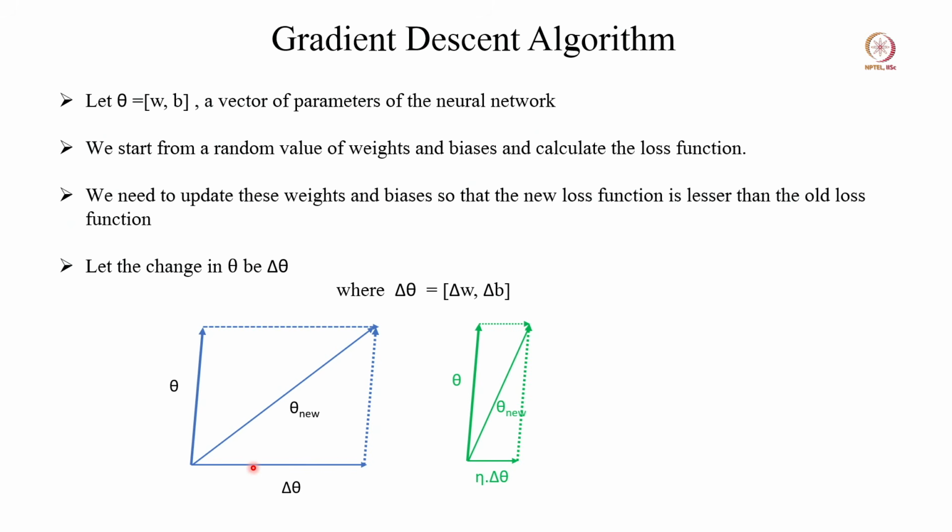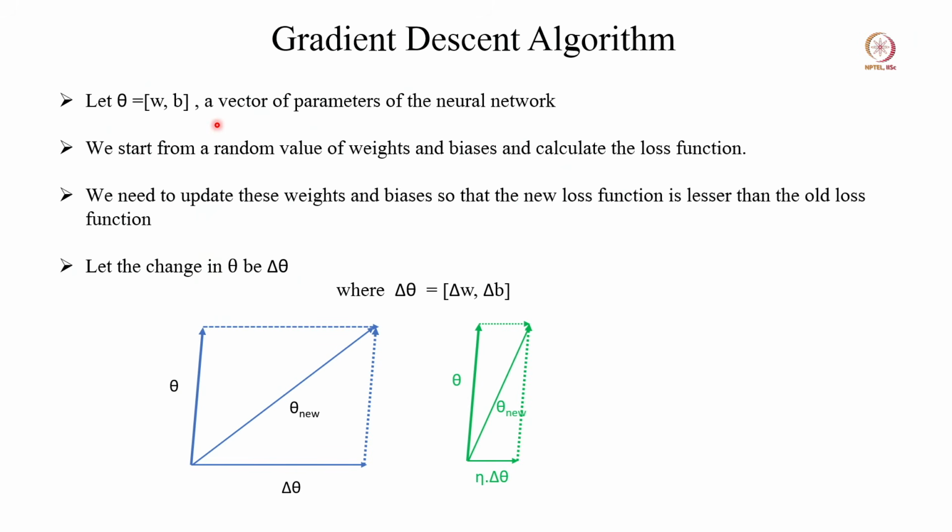So, in that case what can we do? We can multiply this delta theta with a very small value which we call as eta, and in this figure you can see this is my theta's direction. If this is my eta into delta theta, then this is my theta new. So, what I have done is, previously the original parameters of the network are embedded in theta, which is w and b.